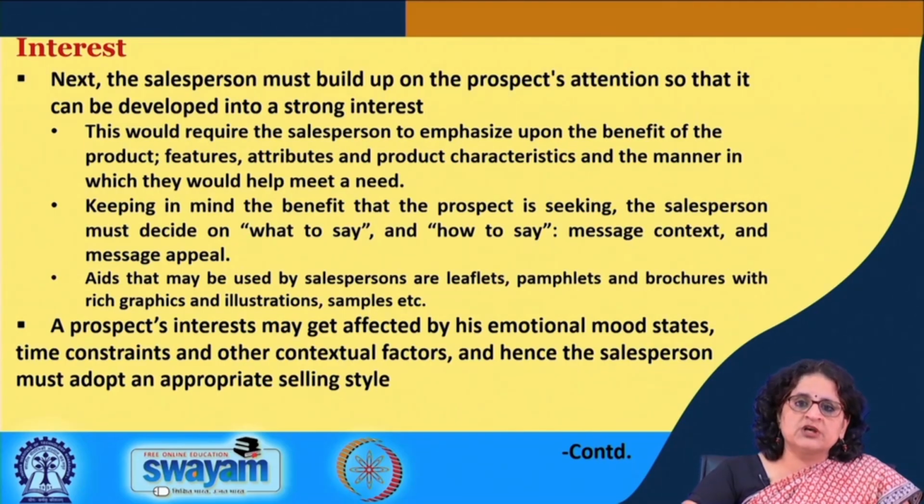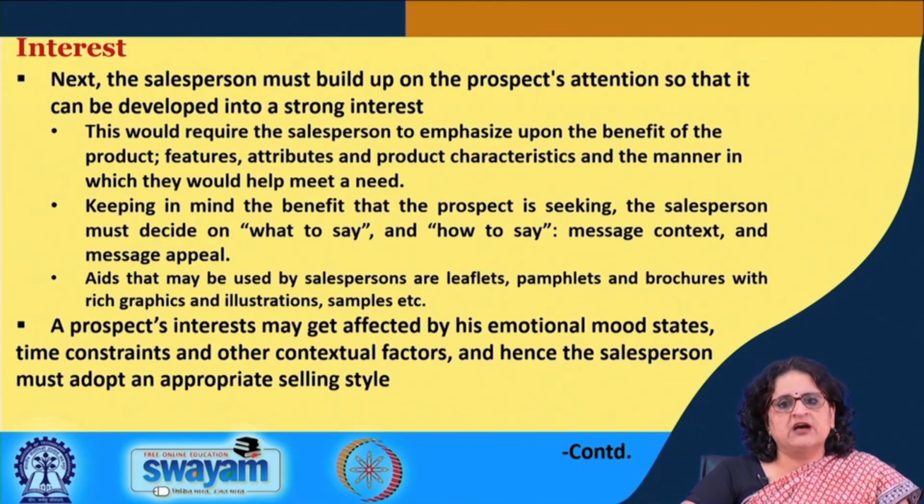He could also use prototypes and samples, which would again be able to arouse the prospect's interest. And the prospect's interest may also get affected by his emotional mood states, the time constraints and other contextual factors.